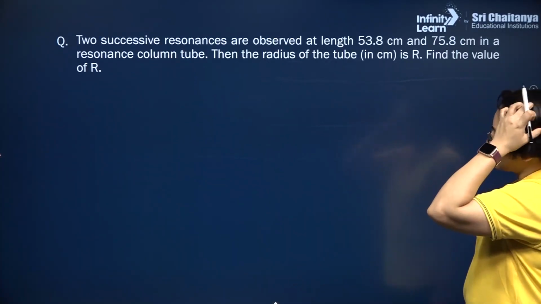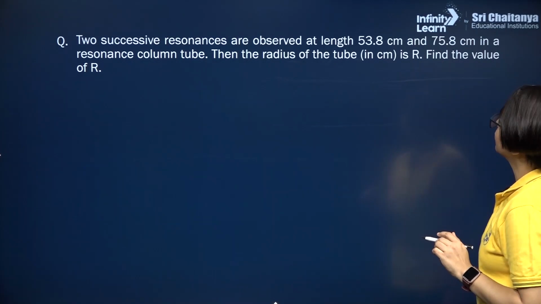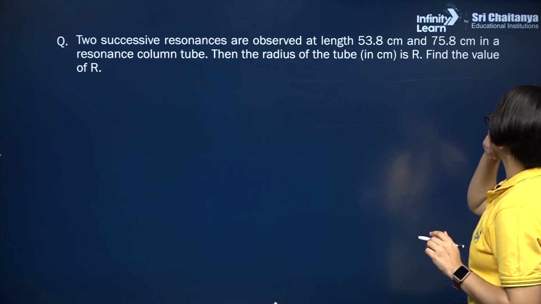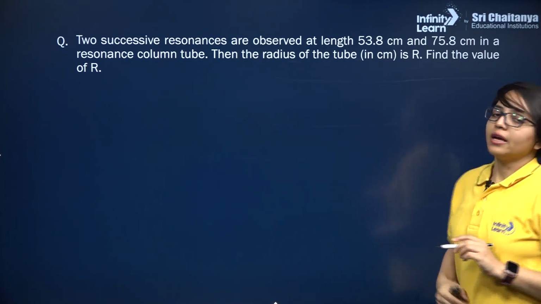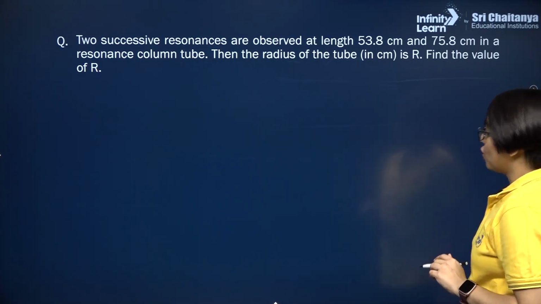Next is this: two successive resonances are observed at lengths 53.8 centimeter and 75.4 centimeter in a resonance column tube. Then the radius of the tube is r; find the value of r.